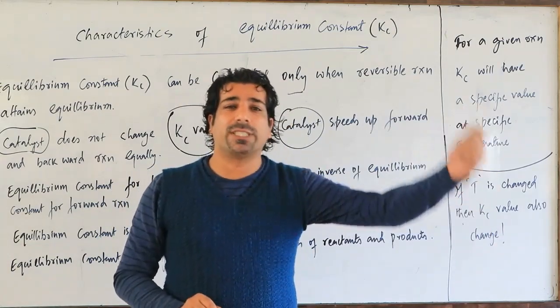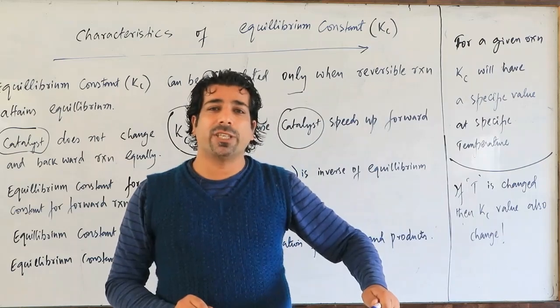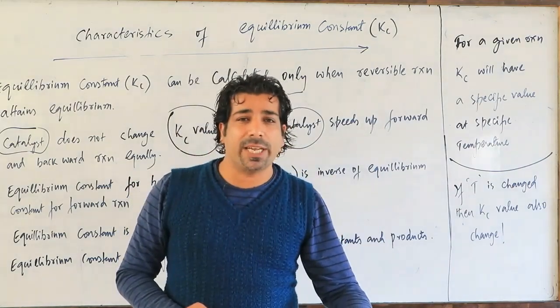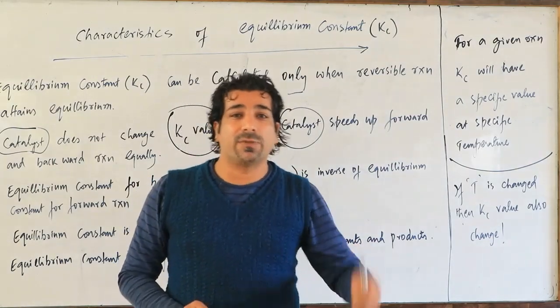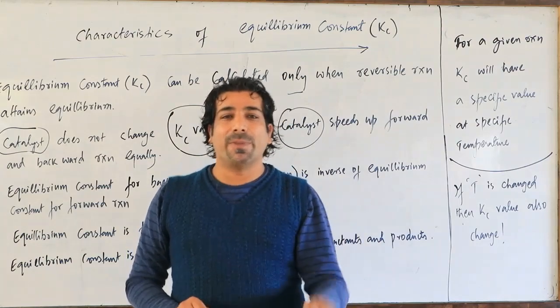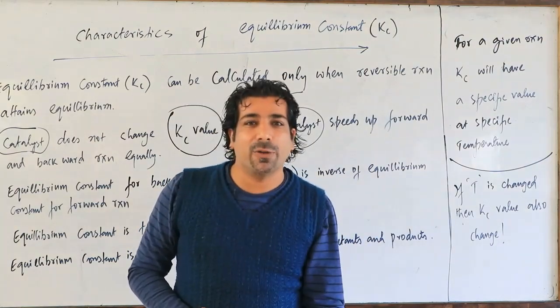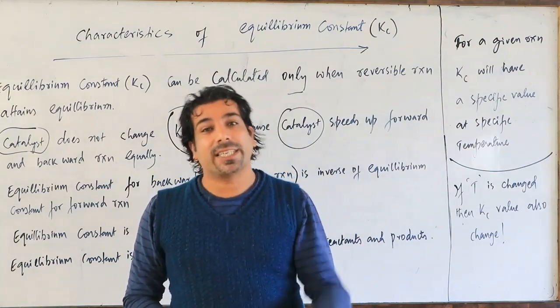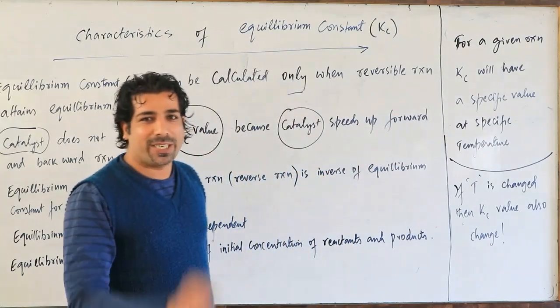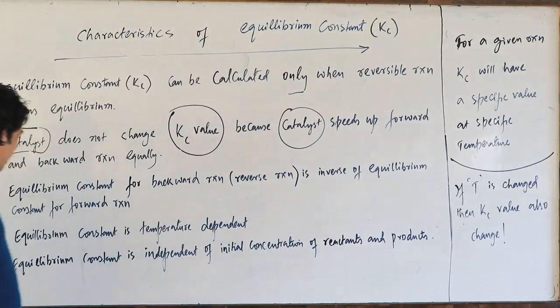When the temperature was T, the Kc value for the reaction was, let us suppose, X. When the temperature was T1 for the same reaction, the Kc value was X1 and that is constant at that temperature. When the temperature was T2, the Kc value is X2, which is constant at that temperature, my dear friends. So I hope you have understood that point as well. Let us go further.